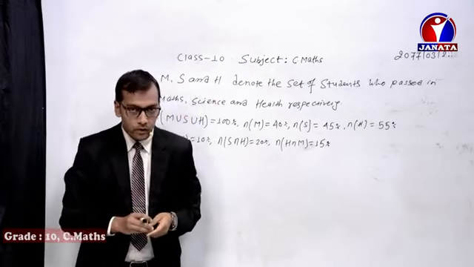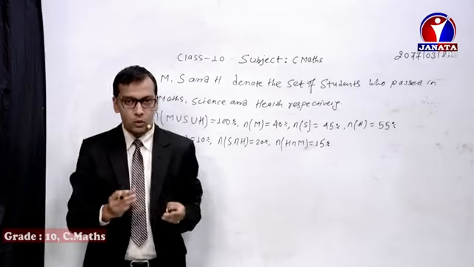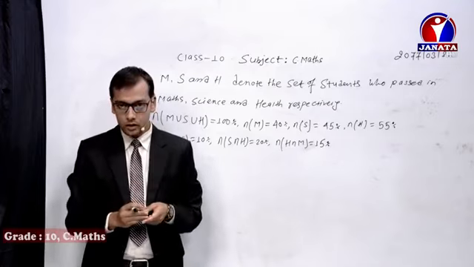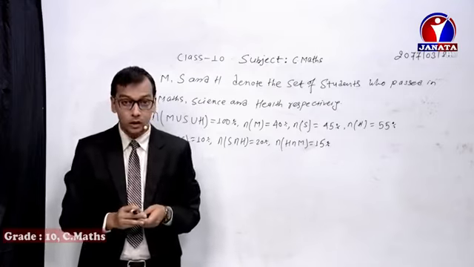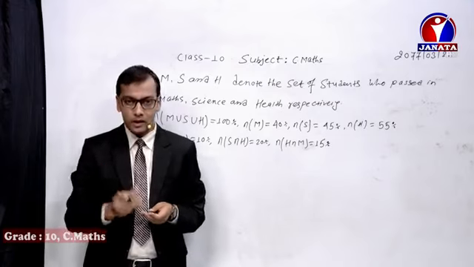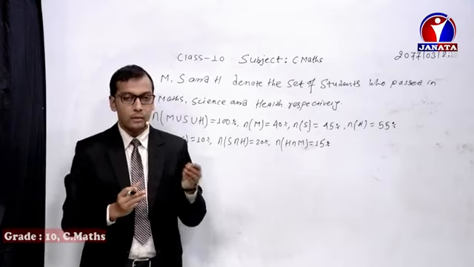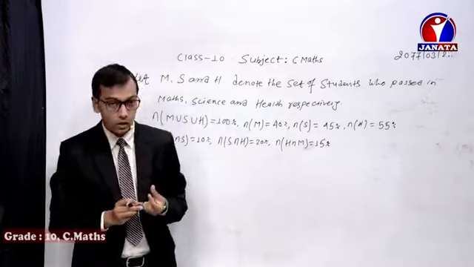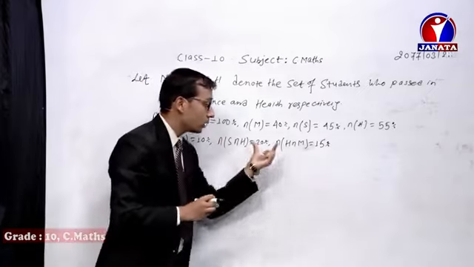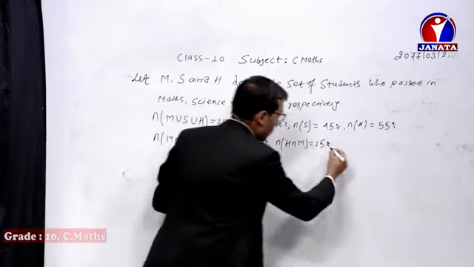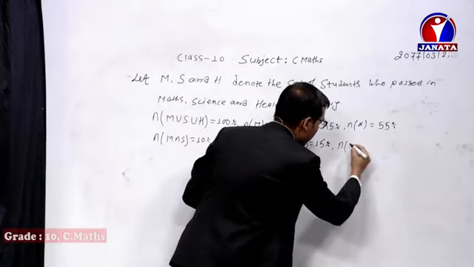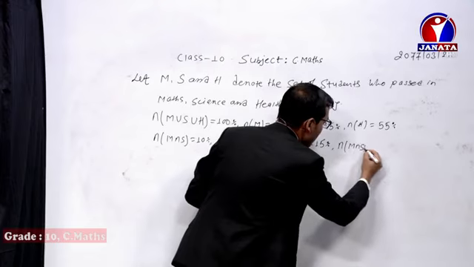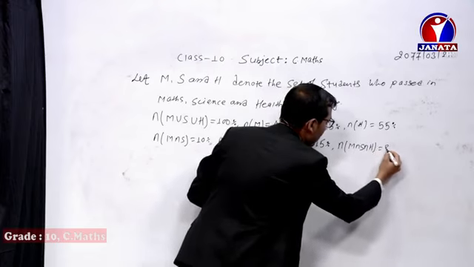To solve a question based on 2 or 3 subsets, there are 2 methods which we are discussing. One is called the Venn diagram process, and the next is the formula method. Here in this question, I am using the formula to find the intersection of all 3 subsets. So what is asked? n of math intersection science intersection health is what?